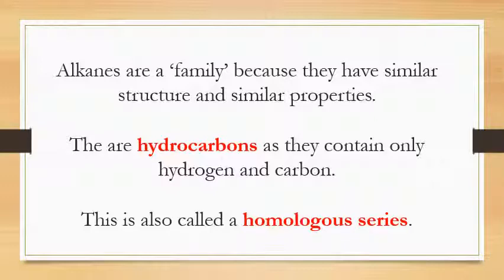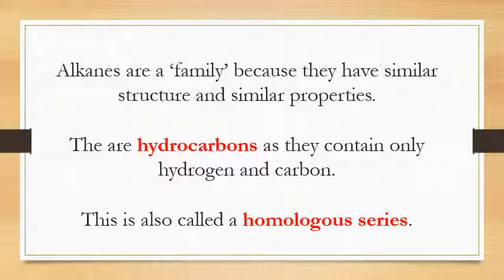So we're now going to go through the series of the alkanes. The important term here is the homologous series. A homologous series is a series of compounds like the alkanes which have the same functional group. Alkanes don't really have a functional group, but as we move on to the alkenes, you'll see that they have a functional group.